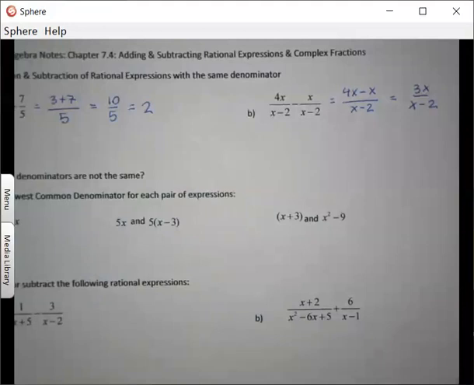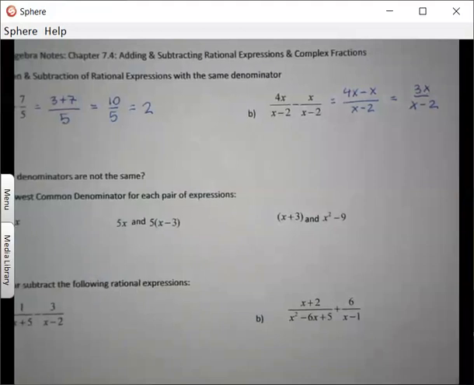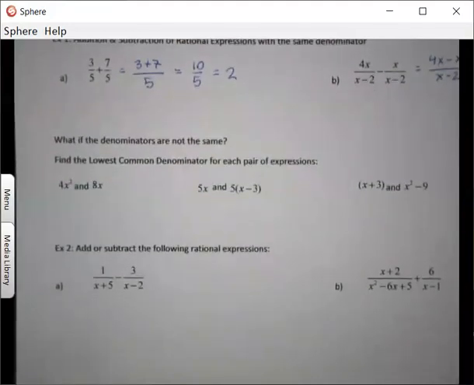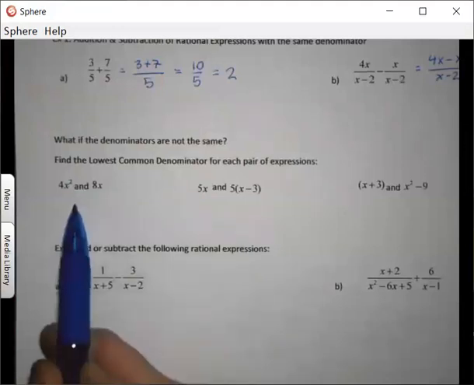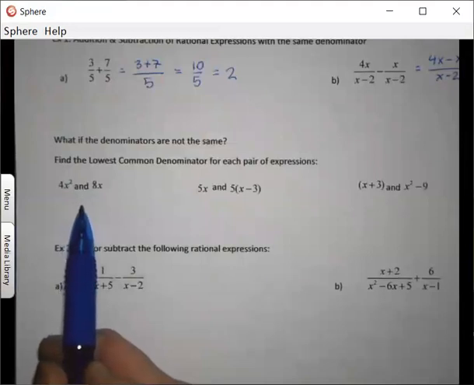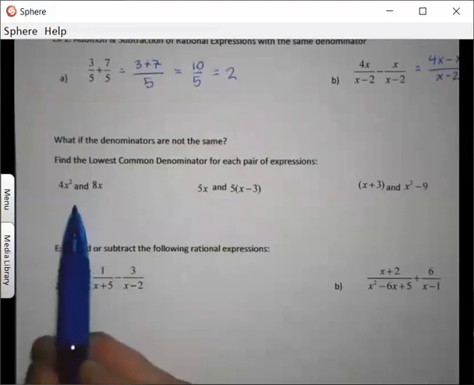Now, just like with adding and subtracting fractions, if you do not have a common denominator, we need to find a common denominator. The way you find a common denominator when we're dealing with variables is you need to focus on the factors. So while this first example, I'm sure you could find a common denominator or the least common denominator without worrying about the factors.